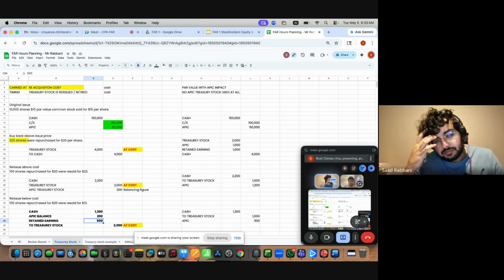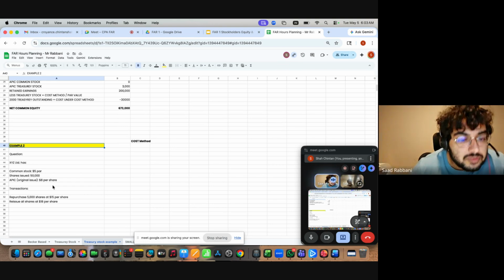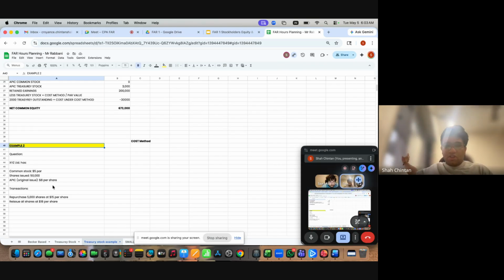No? Okay, if no doubt, I want you to solve one example, example number 2 under cost method, just to make sure you are crystal clear. इसके बाद 5 मिनट्स के बाद हम लोग par value method शुरू करते हैं. So over to you. First sheet. Sheet number 3, treasury stock example, row number 40, example number 2.